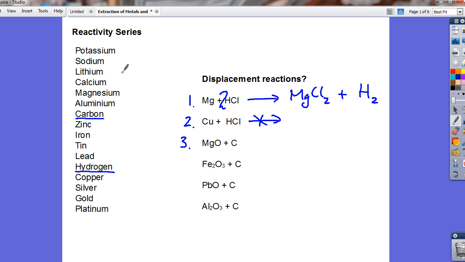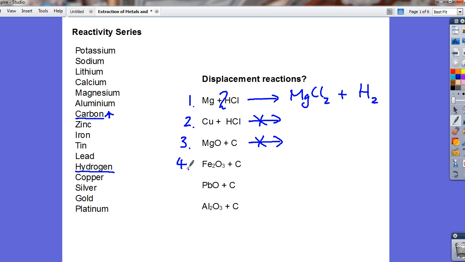So let's find carbon, it's up here, and let's find magnesium, it's up here. Now, carbon is less reactive than magnesium, so carbon cannot come in and kick the magnesium out. So we can't use carbon to obtain magnesium metal in industry. It's simply not reactive enough.